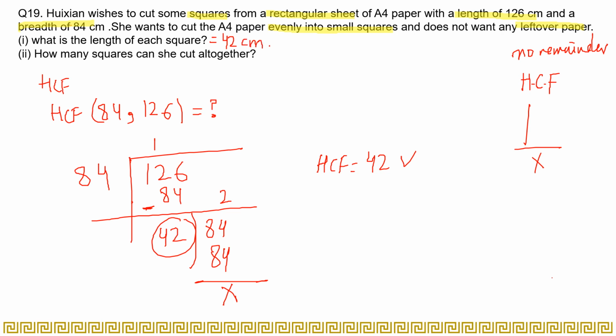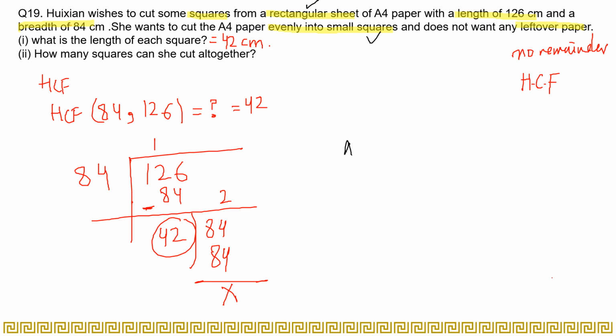So now let's do the second part. How many squares can she cut altogether? Now he is asking you how many squares can he cut altogether. So for that we will need the area of the rectangular sheet of the A4 paper from which he is cutting the squares, plus we will also need the area of the square.